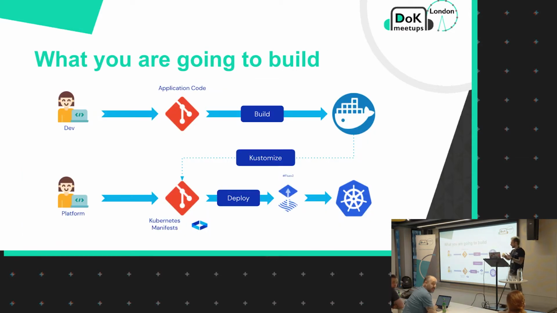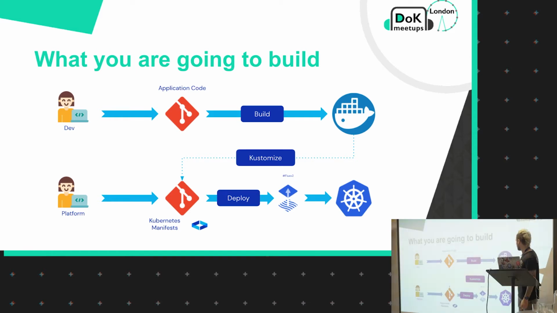Okay, so what we are going to do today is exactly build a GitOps pipeline. The difference between a GitOps pipeline and a normal pipeline is probably this part here. A normal pipeline goes from there to there.